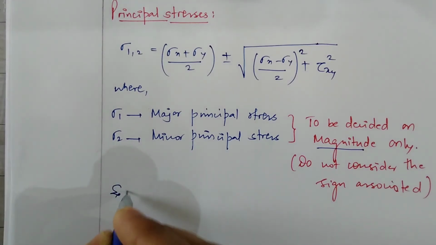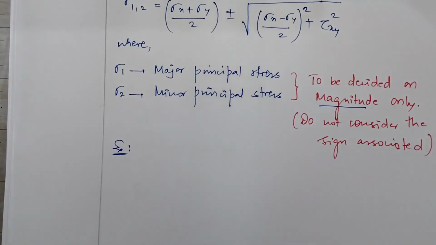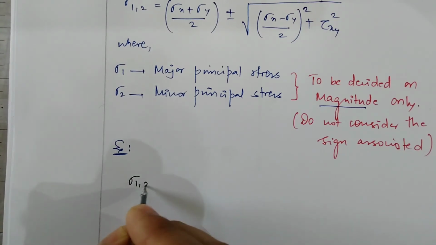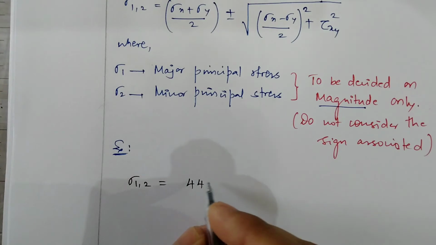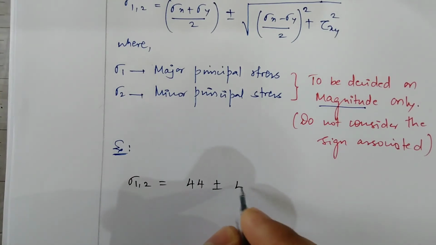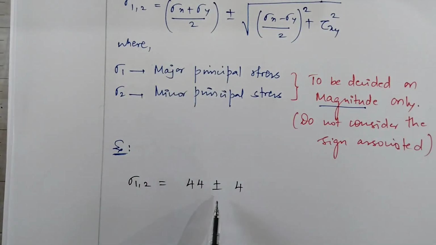For example, if I take an example where in this formula I get sigma 1 comma 2 is equal to 44 plus or minus 4, right? 44 is the value of this term, plus or minus as it is, and the value of the under root term is 4.